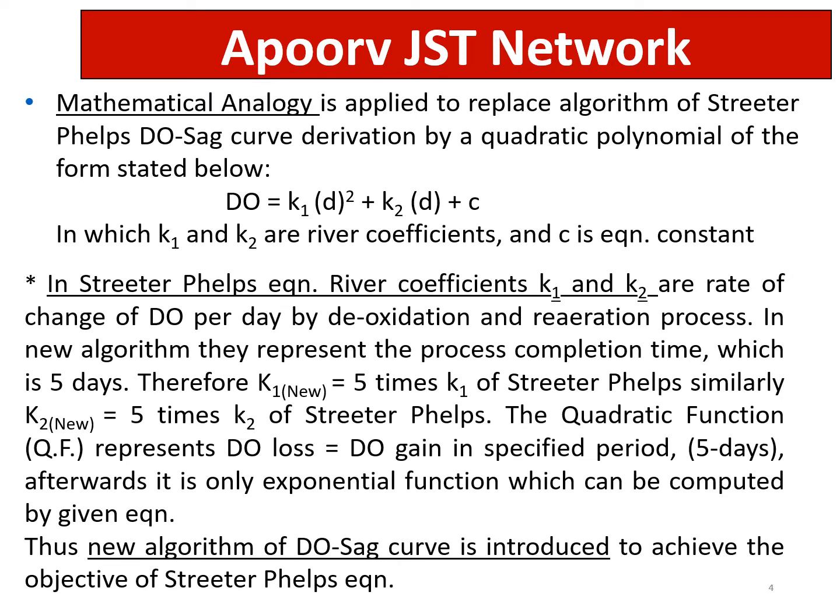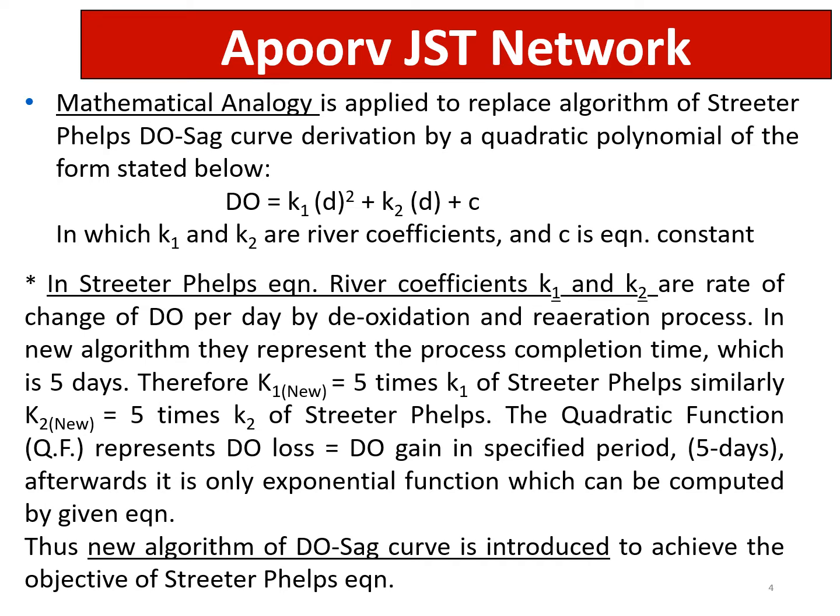Mathematical analogy is applied to replace the algorithm of Streeter-Phelps DO-SAG curve derivation by a quadratic polynomial of the form stated below. DO is equal to K1 D squared plus K2 D plus C, in which K1 and K2 are river coefficients and C is equation constant.